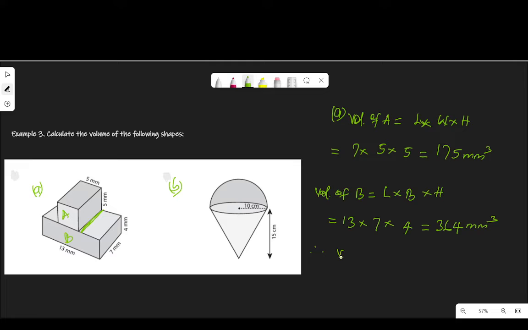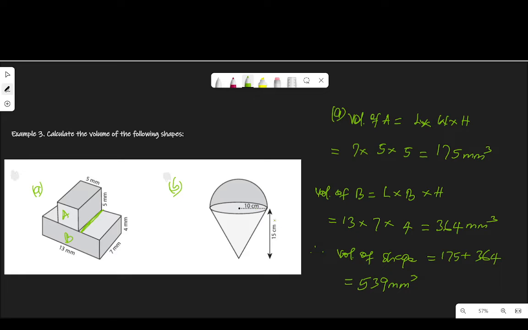Therefore, the volume of the entire shape, which is the volume of prism A plus the volume of prism B, is 175 plus 364, which is 539. 539 millimeter cube as the volume of this compound shape.